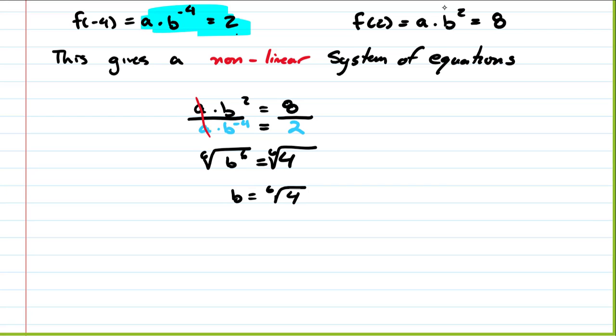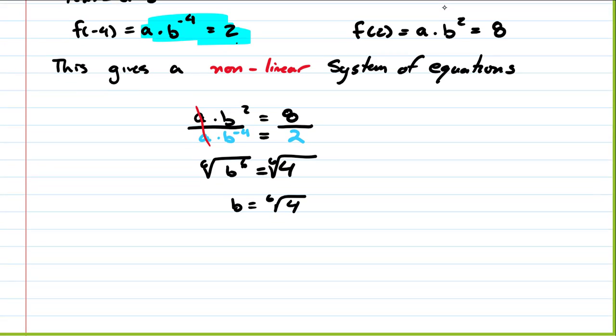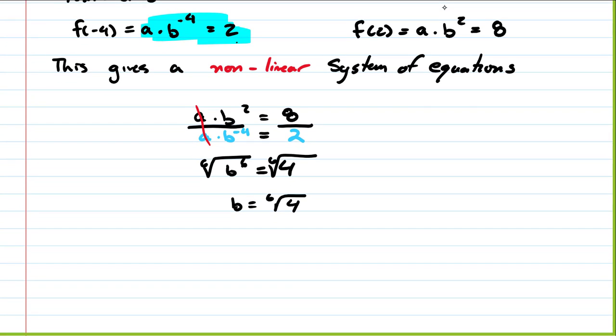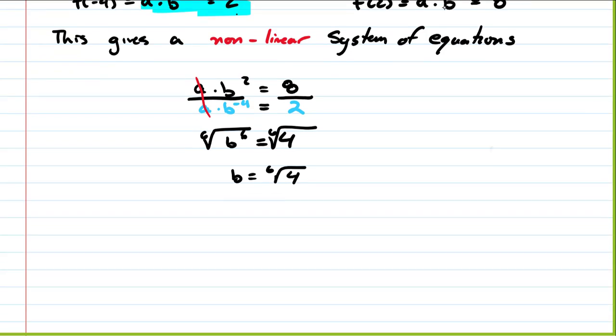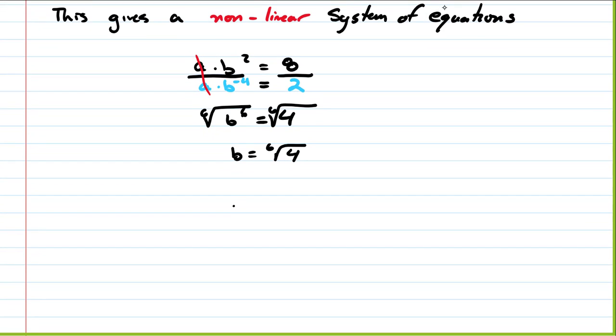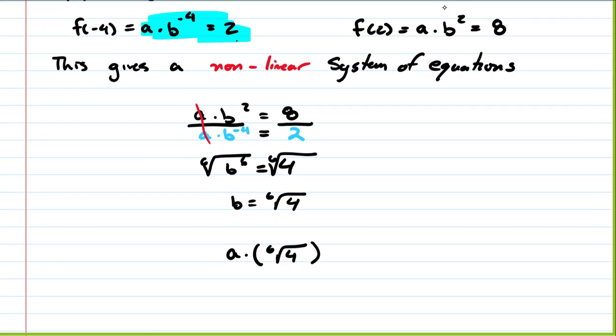So now that we know b, we can plug it back into either equation. It doesn't matter. So I'm going to pick the one on the right because of no reason whatsoever. So that's a times the sixth root of 4, squared, equals 8.